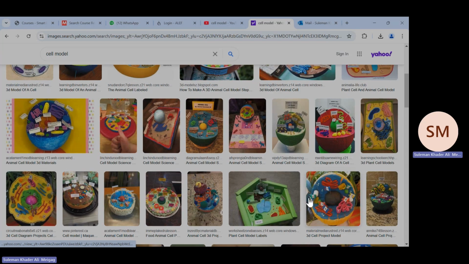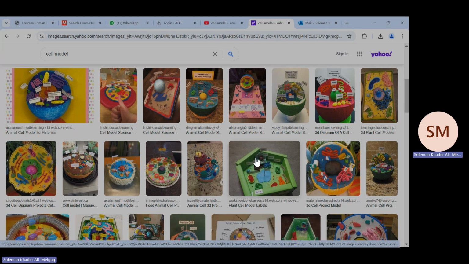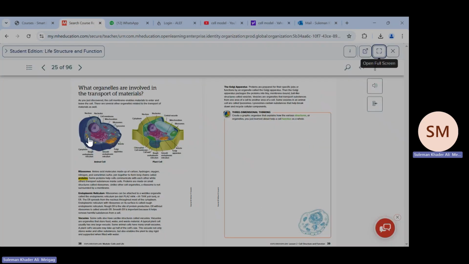And you can do research. See, this one is different. It's deeper, a 3D model. This one looks like a cake. Again, different, looks like a cake again. This one is like a ball cut in half. This one looks like what is in your kitab, like this here.